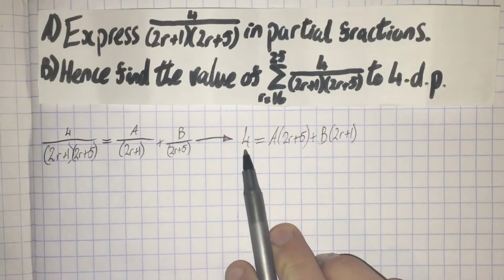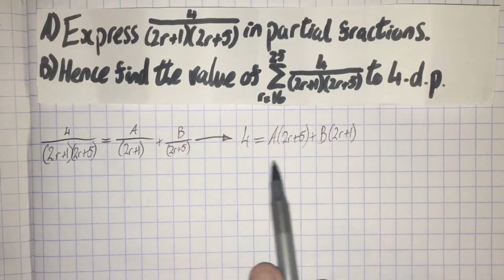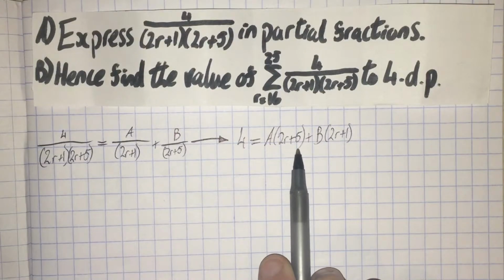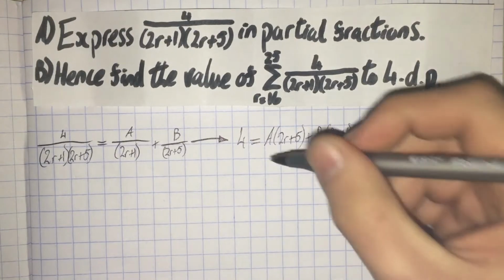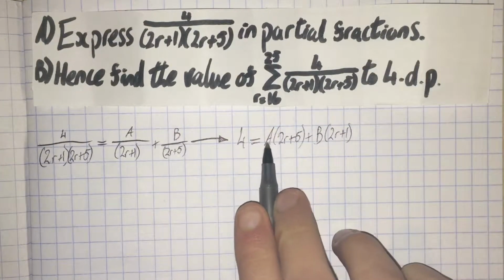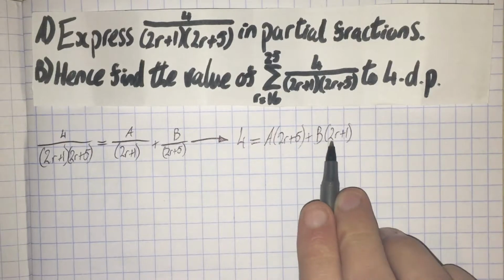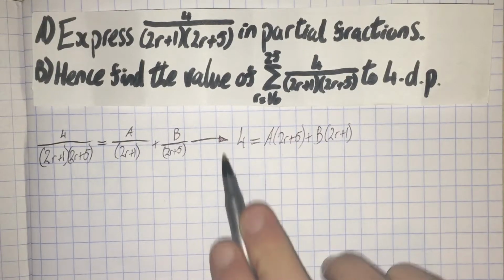Now, I mentioned before there are multiple methods for partial fractions. We shall now use the second one, just to mix things up, I suppose, if nothing else. So that means we know that a times 2r plus b times 2r equals 0r.